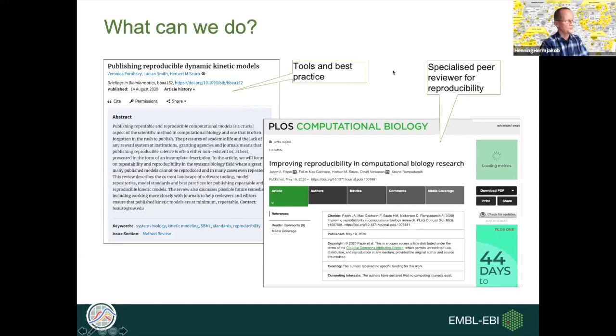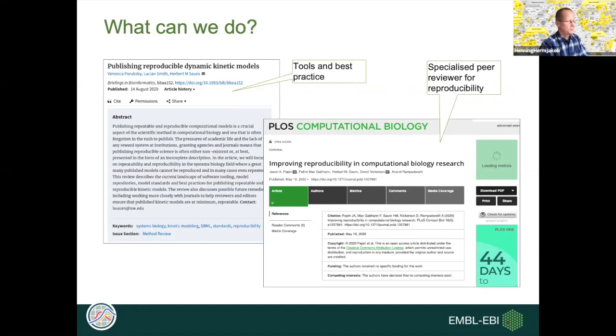And one is on what to do concretely to improve reproducibility. And the approach they are proposing, and they are trialing this now, is that you can have a specific reviewer who is doing a review from a reproducibility perspective and is sort of only specializing on that. And that is clearly one good approach. So there's quite a lot of good material in these two publications.